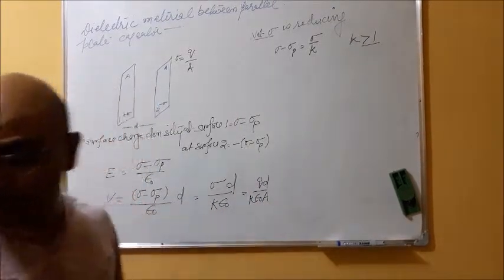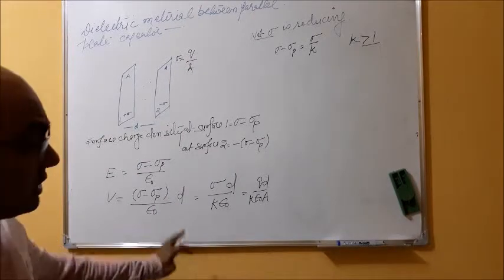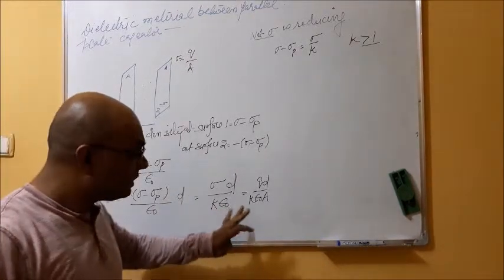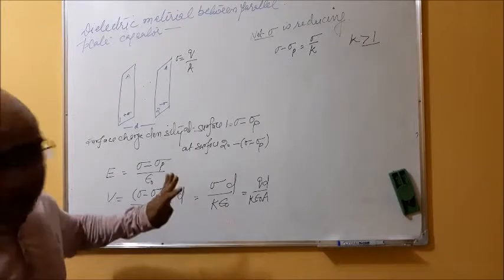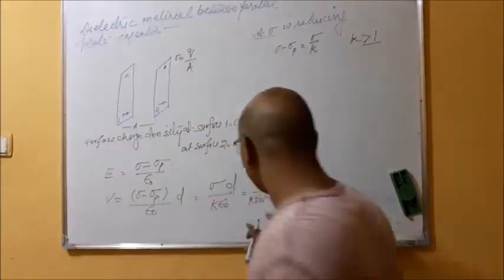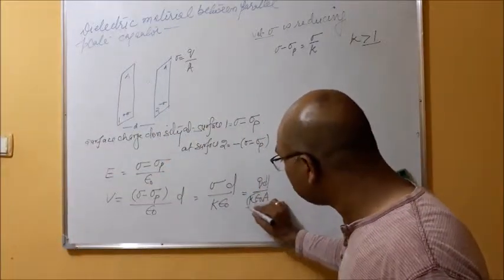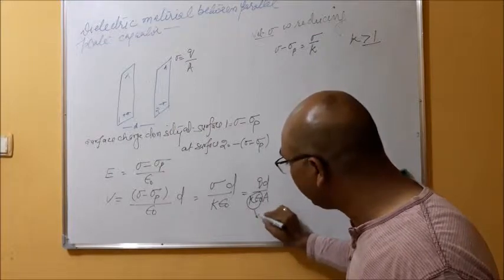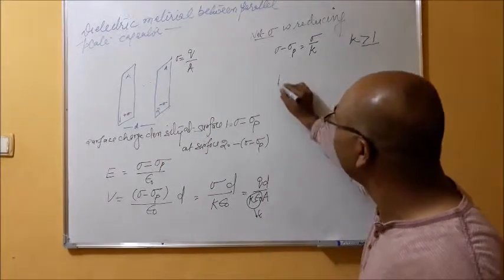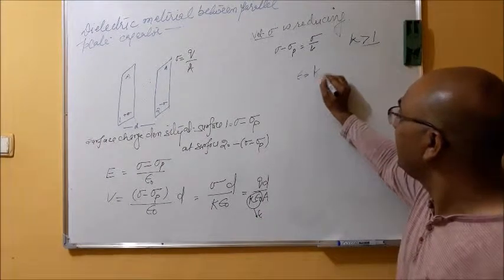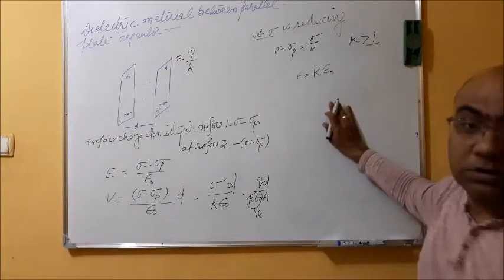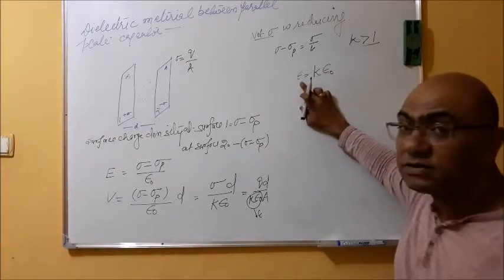This is clear? So what does it mean? This means you can say here that this k epsilon naught can be defined by a new variable. Epsilon is k epsilon naught, right? This we have studied.